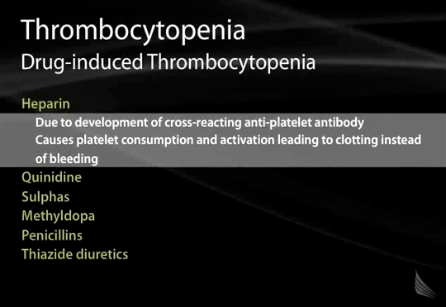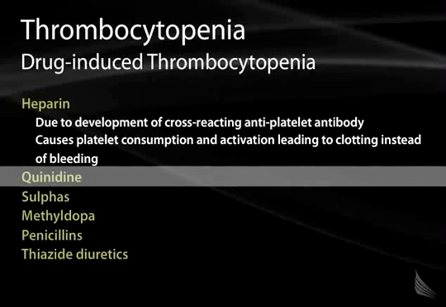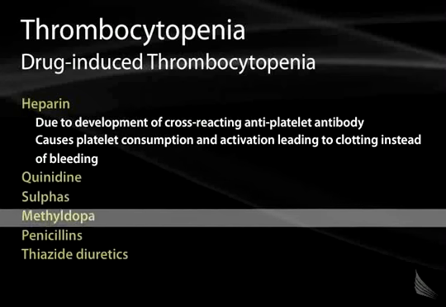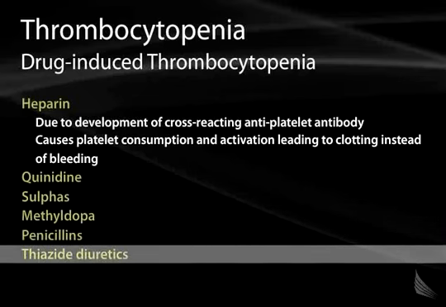So in the setting of heparin therapy, as you remember, the PTT will be elevated, but you can have arterial and venous thrombi that are formed abnormally. Antimalarials, specifically quinidine, can cause drug-induced thrombocytopenia, as well as sulfas, methyldopa, penicillins, and the thiazide diuretics.